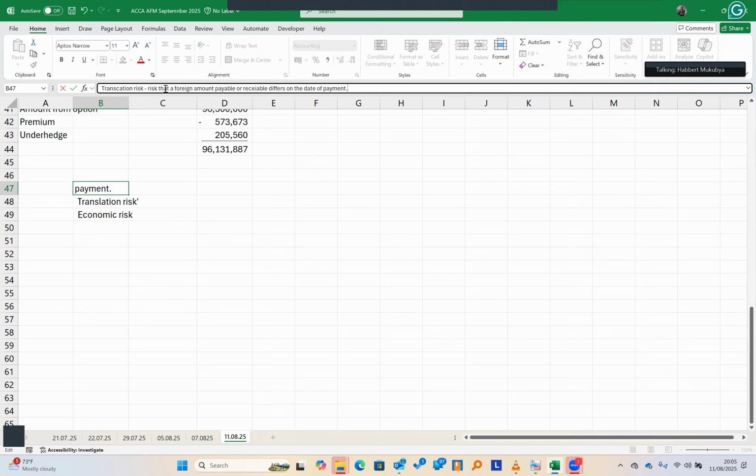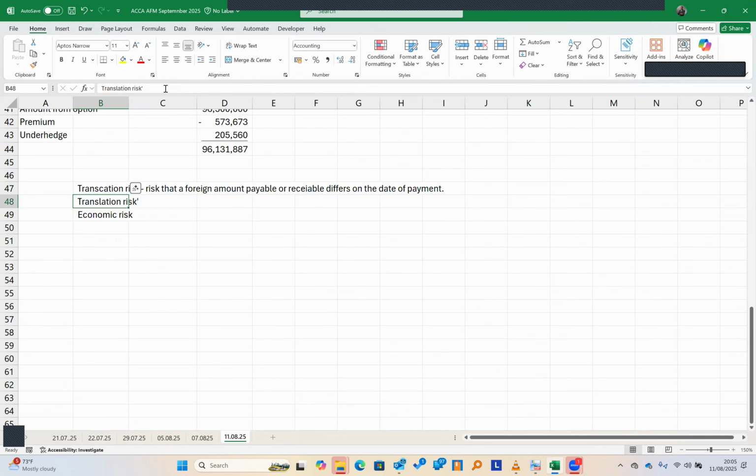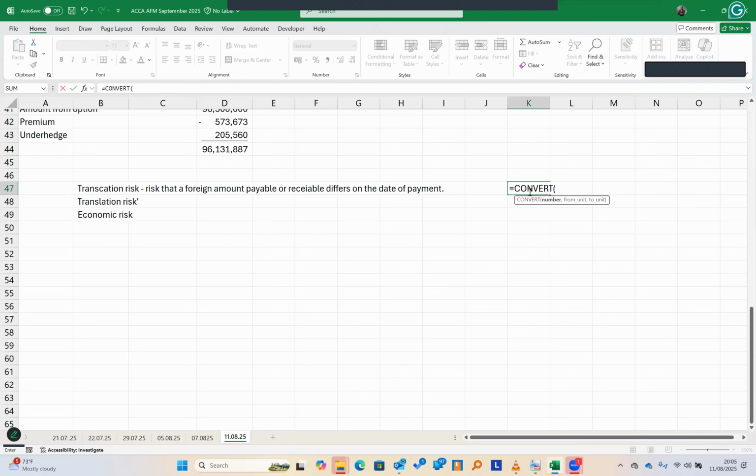And what I'm trying to say here is, if I expect to receive $300 in 3 months' time, and I convert that to shillings right now, let me just say I'm using a rate of 300 times 3,800 right now.